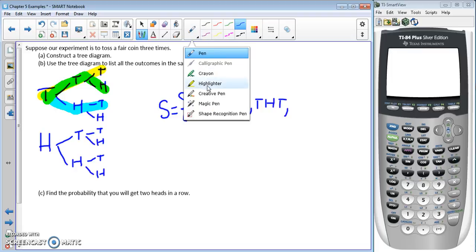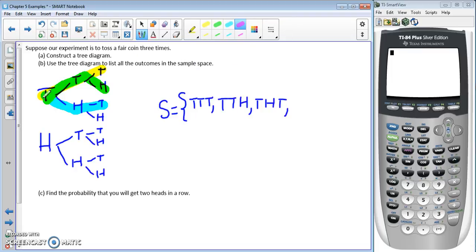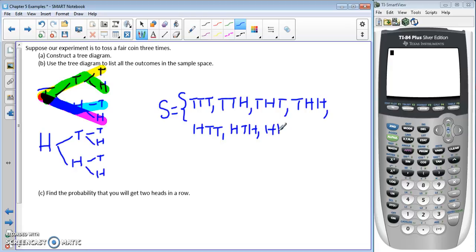And then we would have tails, heads, heads. So we just keep moving in that fashion. So down here we have heads, tails, tails, heads, tails, heads, heads, heads, tails, and then 3 heads in a row. So that would be our sample space there.